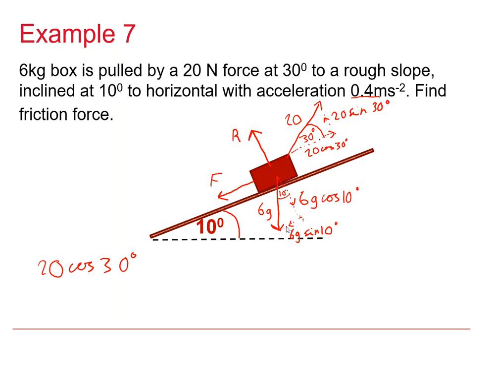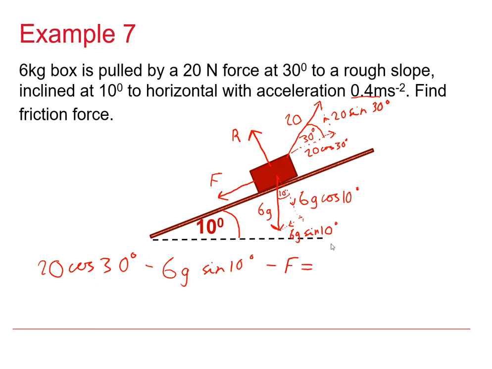And then the other two components which are acting in the negative direction are this component of the weight, so we'll put that in as minus 6g sine 10 degrees, and of course we've got minus F. And remember, this is Newton's second law.